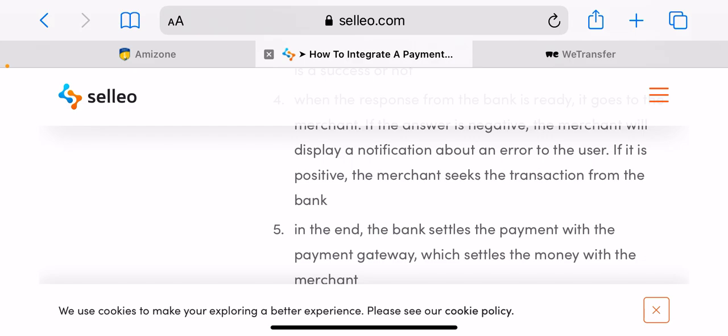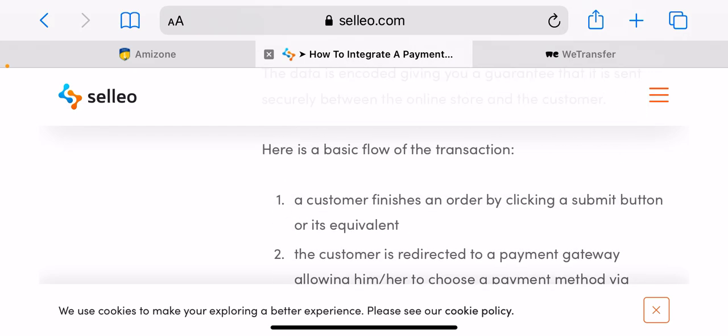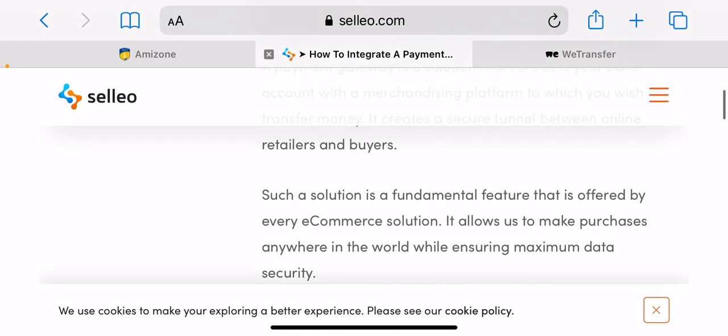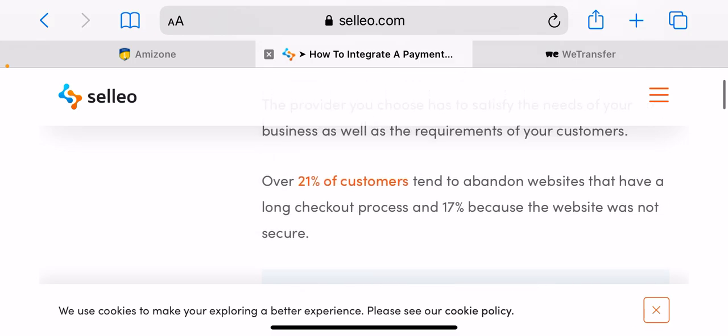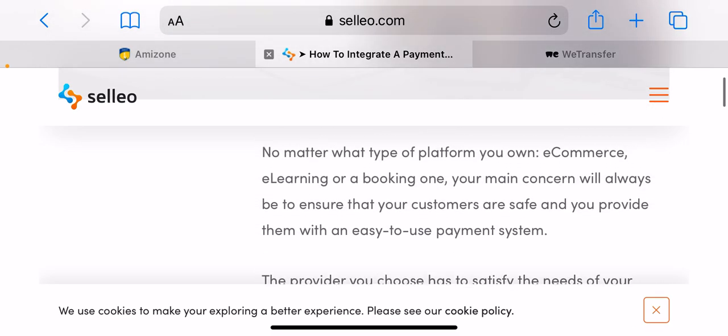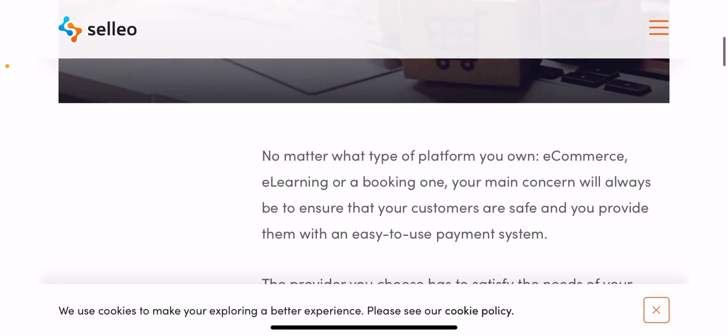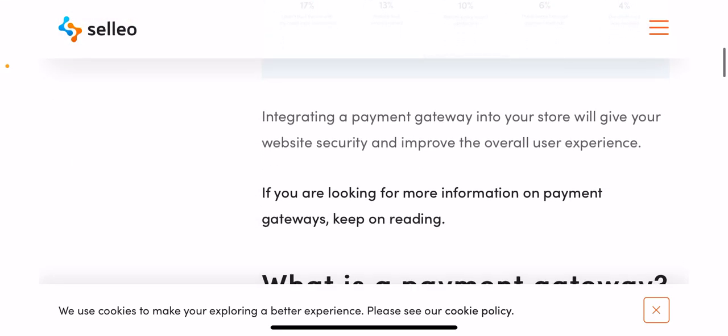Now, how to integrate a payment gateway? First, you need to create a PayPal button. Then, you need to set up the basic payment. Then, extend the basic payment with additional parameters. Execute the payment.